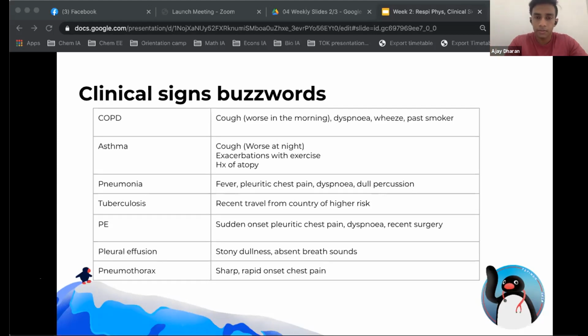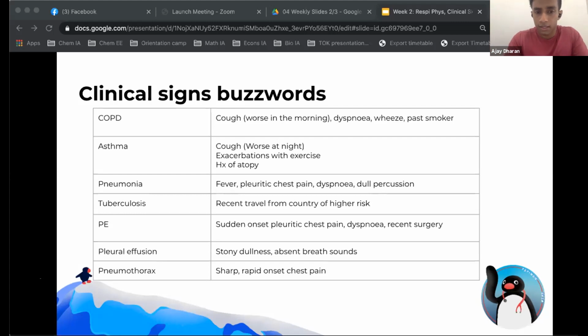On top of that, you have dyspnea, wheeze, and the key thing is that it's a past smoker, because remember what we've learned, smoking results in your antitrypsin deficiency. And for asthma, it's a cough which is worse at night. Usually your allergies act up at night, so your cough tends to happen more at night, and it can come about from exercise.